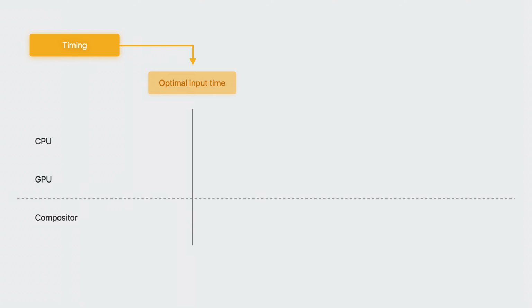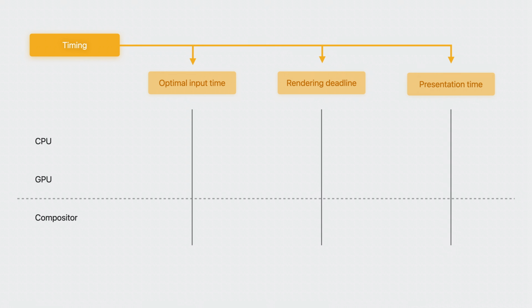First is the optimal input time. That is the best time to query the latency critical input and start rendering your frame. Second is the rendering deadline. That is the time by when your CPU and GPU work to render a frame should be finished. And third is presentation time. That is the time when your frame will be presented on display.